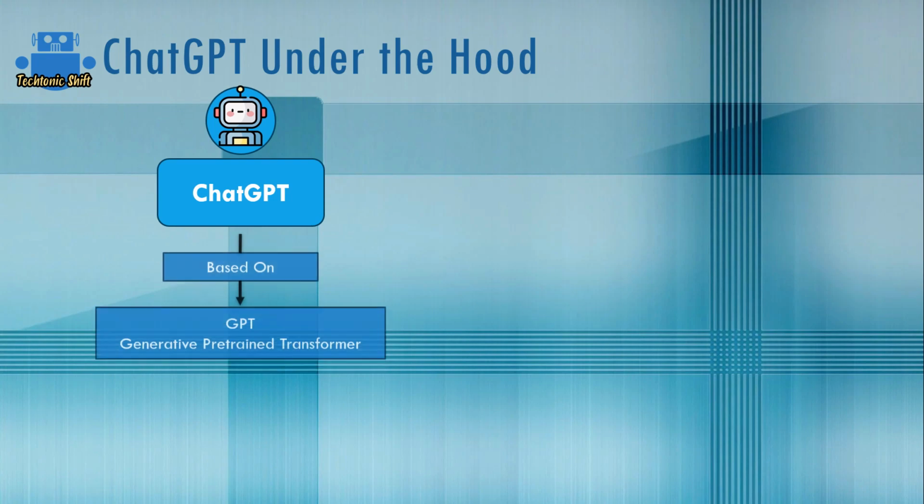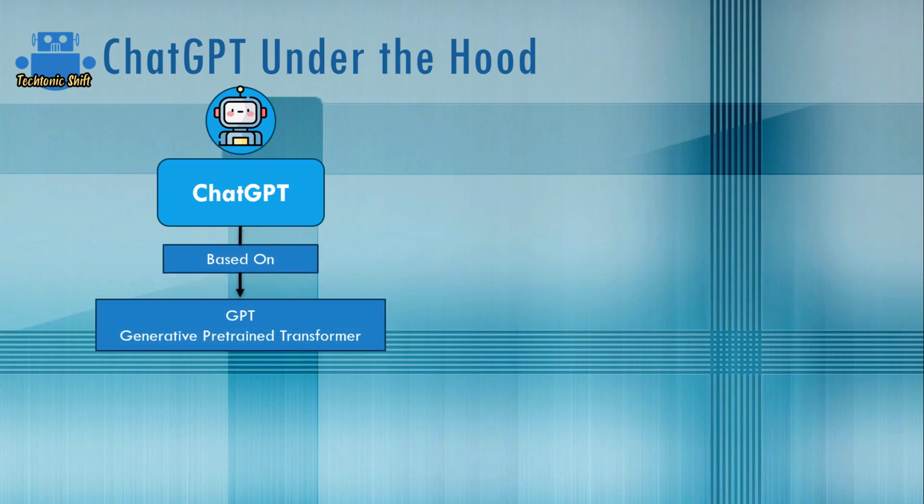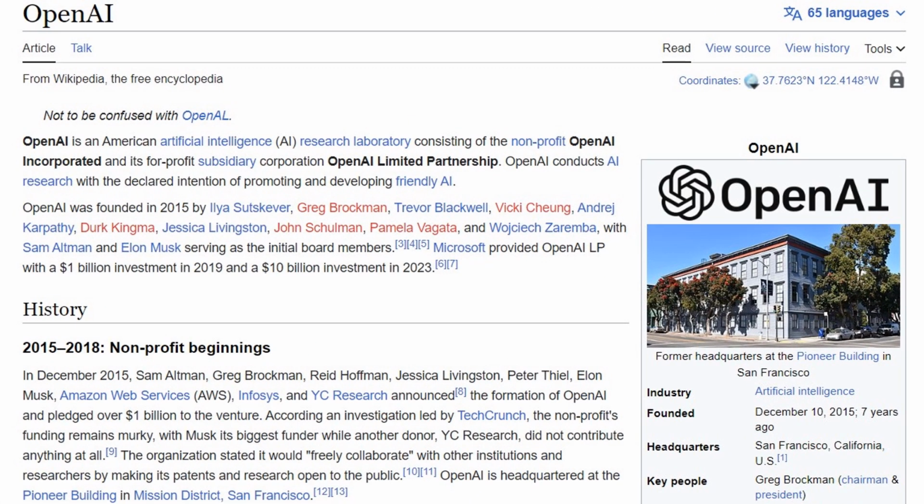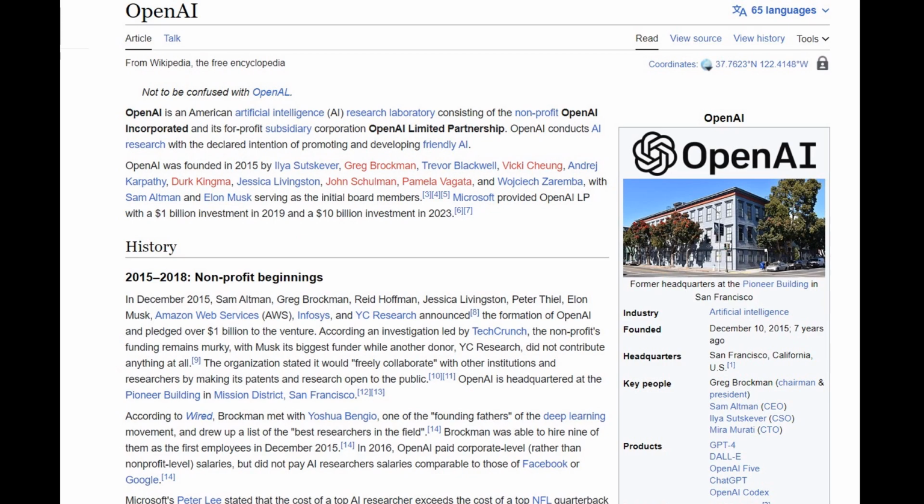Now, under the hood, ChatGPT is based on the GPT model, and GPT stands for Generative Pre-trained Transformer. This GPT model in the end is an artificial intelligence model created and owned by OpenAI, which, as a side note, despite its name, isn't too open.